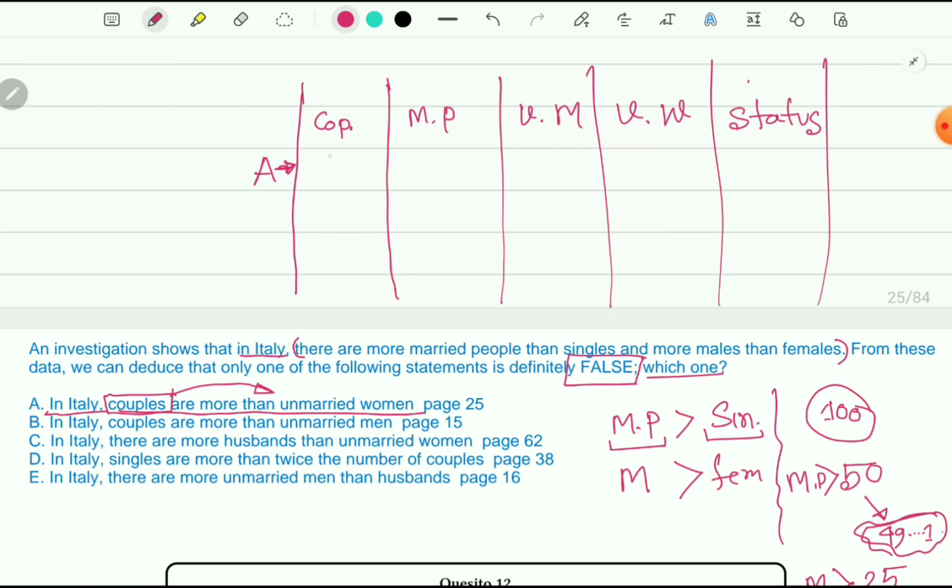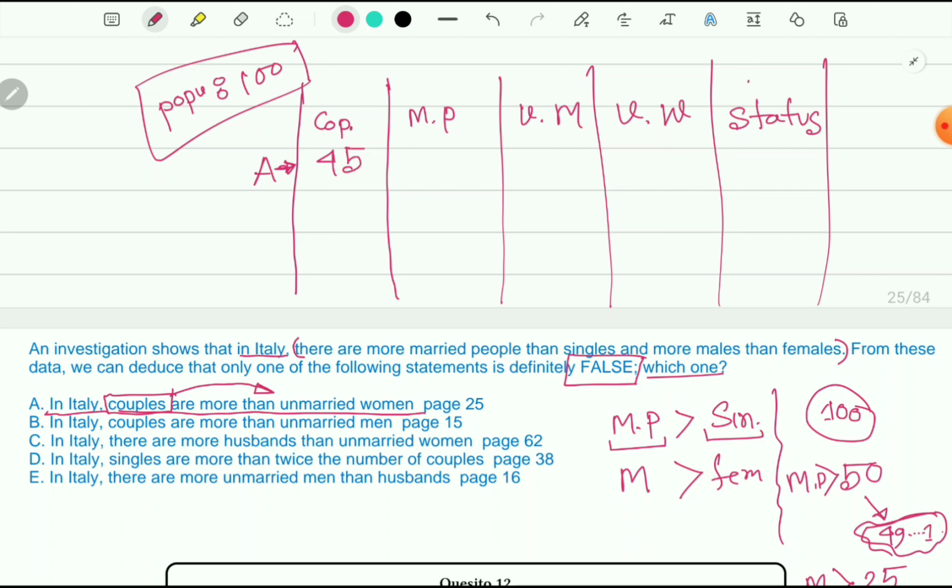Let's say the total population is 100. So among this 100, let's say couples are 45 or 40. We can say 45.